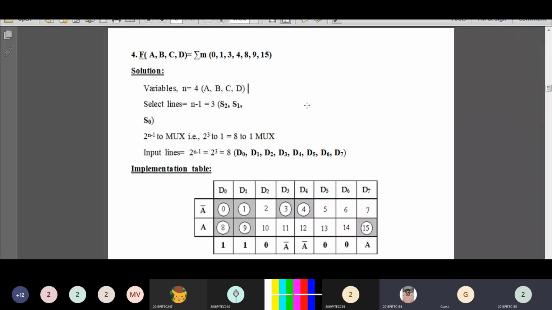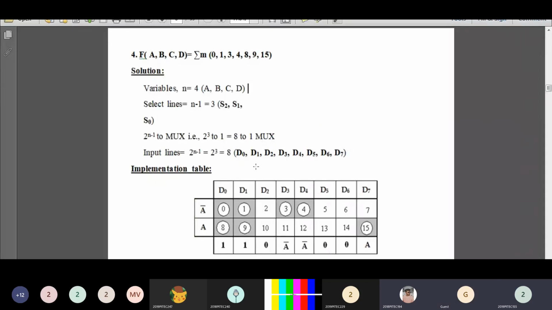So 2 power 4 minus 1, 4 minus 1 is 3, so 2 power 3, which is 8. So you need an 8 cross 1 multiplexer to implement the given Boolean expression.